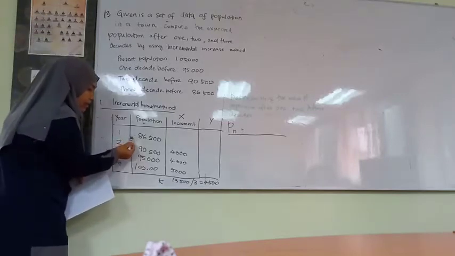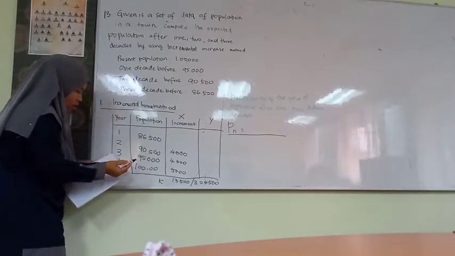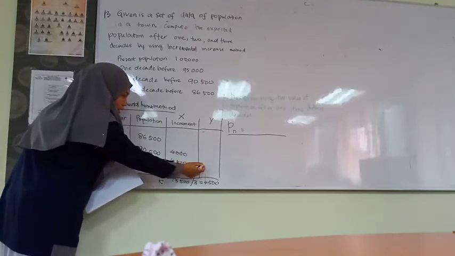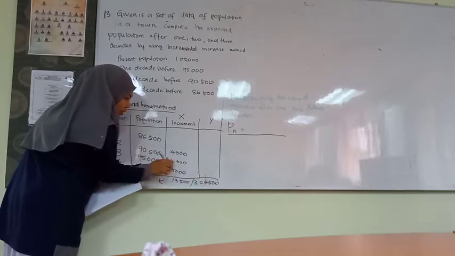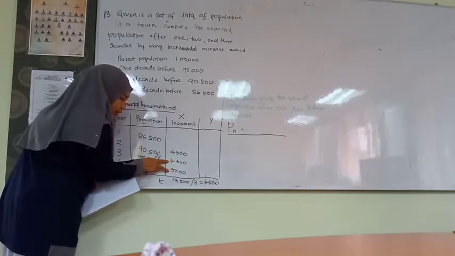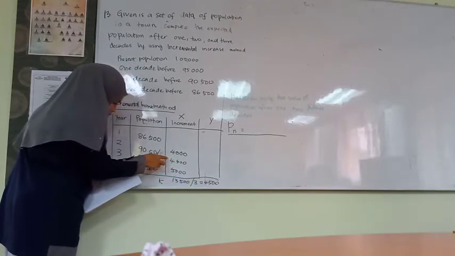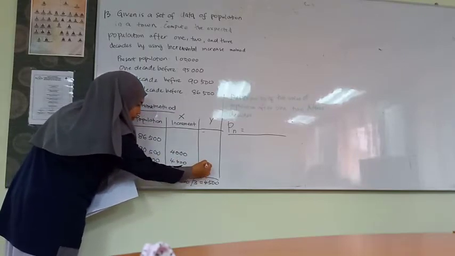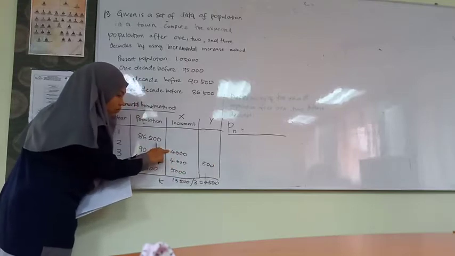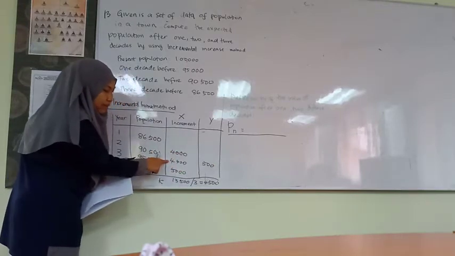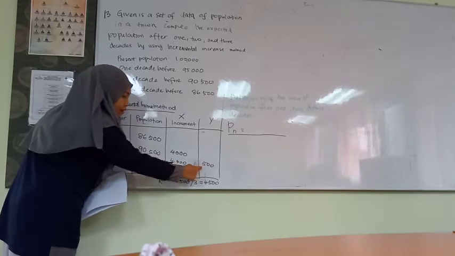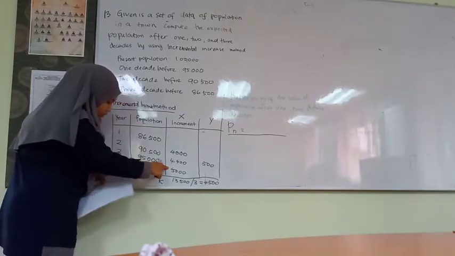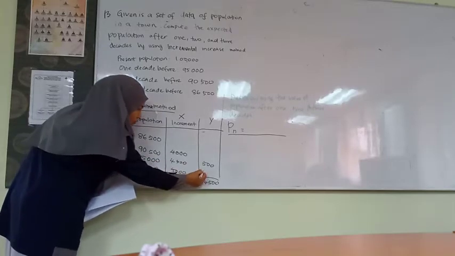The data we key in is still the same. Only we have to find the Y increment. So we have only the difference between this and this. The difference should be 500. From 4,000 to 4,500, the difference is 500. And from 4,500 to 5,000, the difference is also 500.